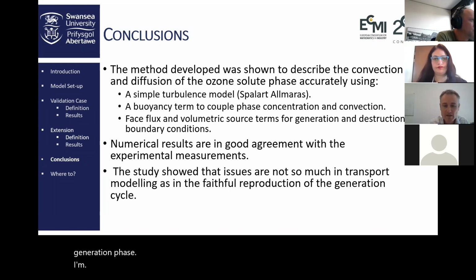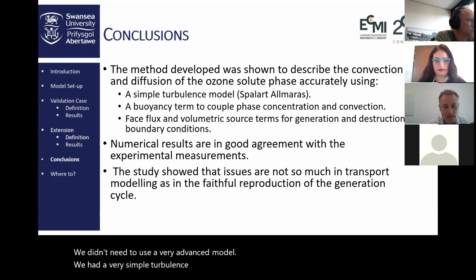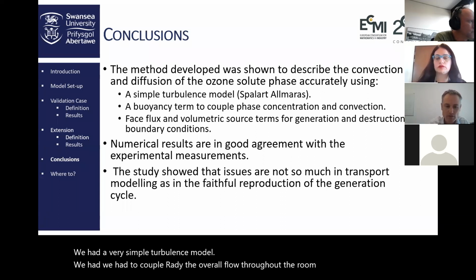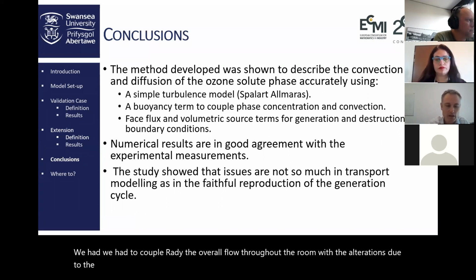We didn't need to use a very advanced model. We had a very simple turbulence model. We had to couple the overall flow throughout the room with the alterations due to the difference in density, so we added a buoyancy term in there.